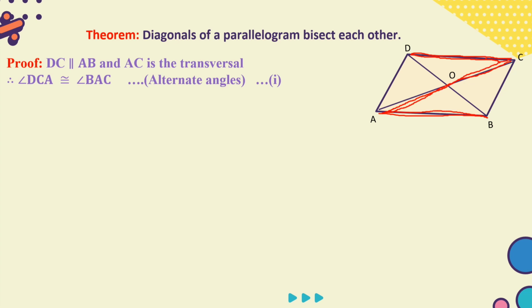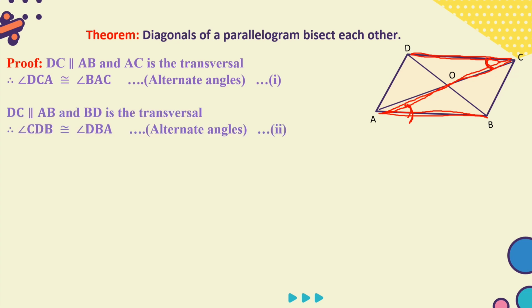So the angles inside this Z, that is angle C, will be congruent to angle A. Okay, and if we take DC is parallel to AB, but this time the transversal will be BD. If BD is the transversal, then angle CDB will be congruent to angle DBA. Again, this is by alternate angles.